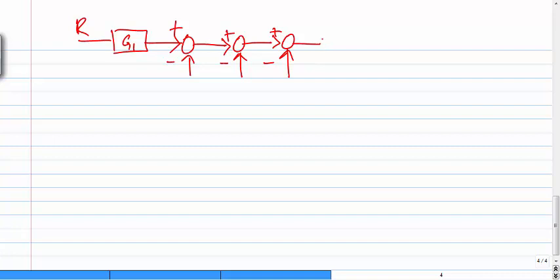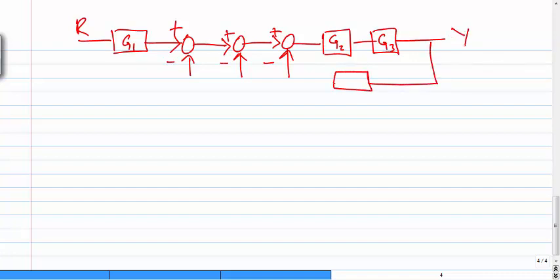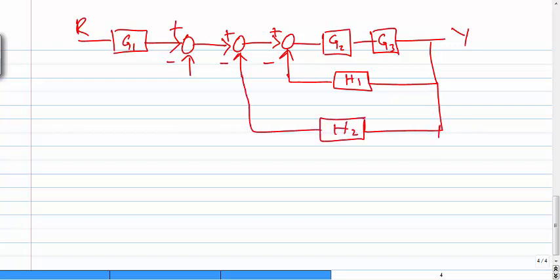Now we have G2 and G3. Then we have the output. Then there's a first feedback with H1. Then there's a second feedback with H2. And then there's a third feedback with H3.